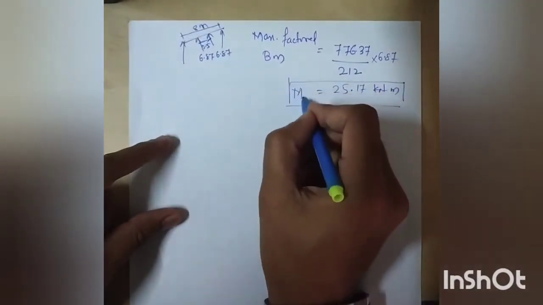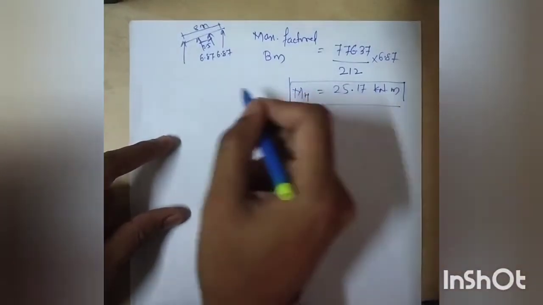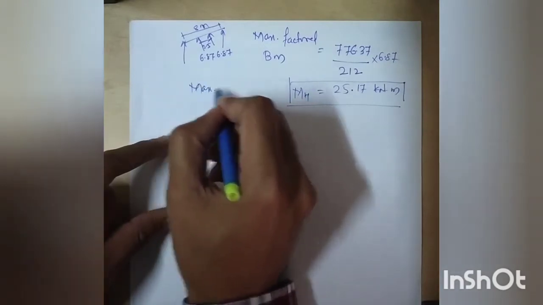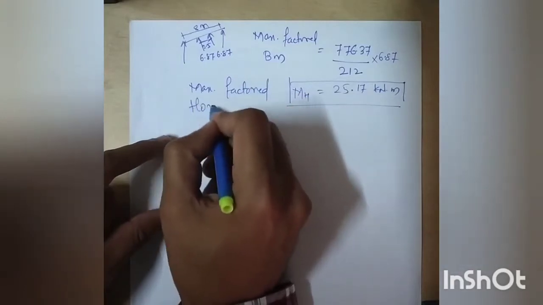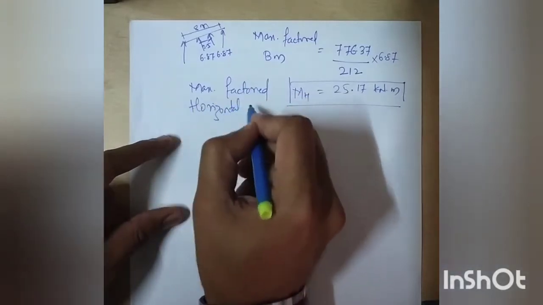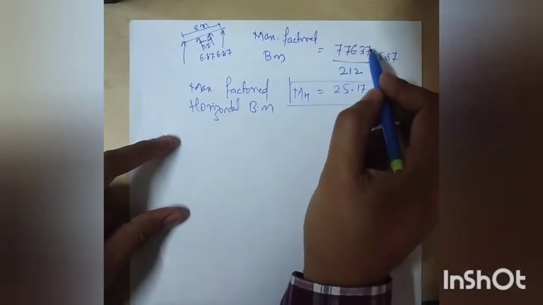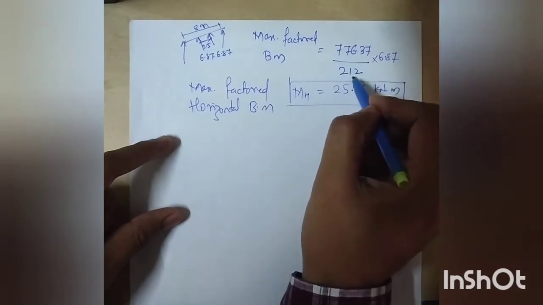So for this horizontal, I'll call it MH, horizontal bending moment. So this becomes the maximum factored horizontal bending moment. So this is very simple. What we have done is, this is the vertical bending moment because of the vertical load 212.